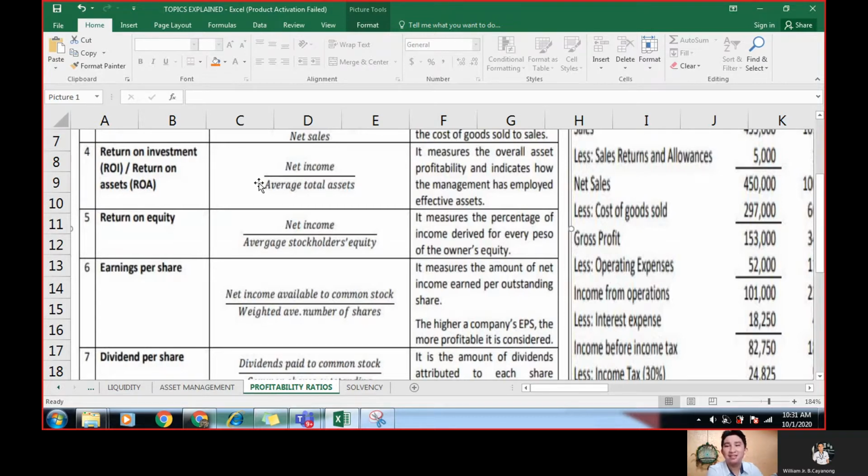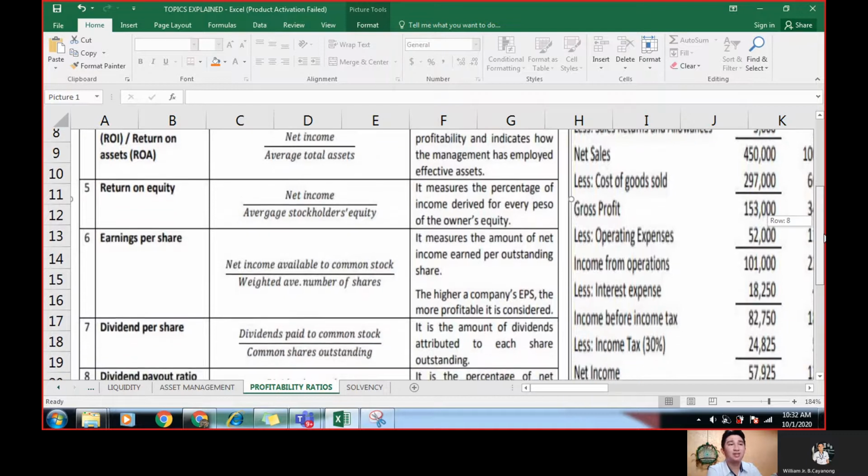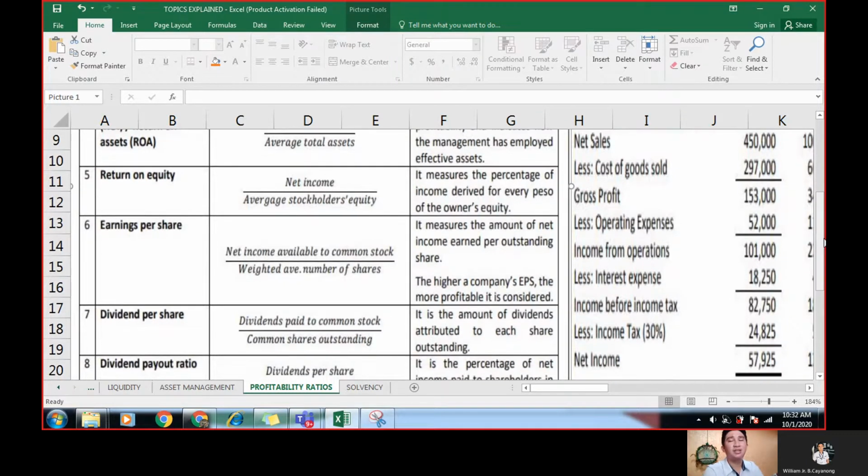That is return on assets. Next is return on equity: net income divided by average stockholders' equity. It measures the percentage of income derived for every peso of the owner's equity. Upon using your capital, how much net income came back as returns? That's how you measure return on equity.